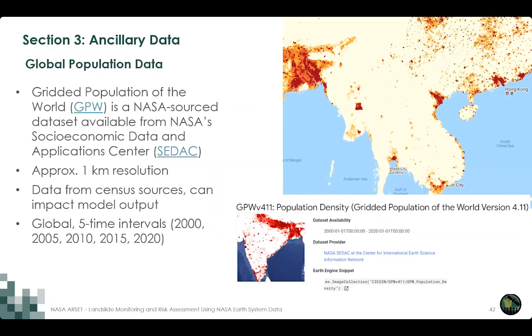It combines data from census sources, which is an important consideration because census data can be incomplete in some countries, so population assessment may be variable in some places. It is available at 5-year intervals from 2000 to 2020. This has been used for many years as part of a variety of landslide assessments to assess where population impact might occur.